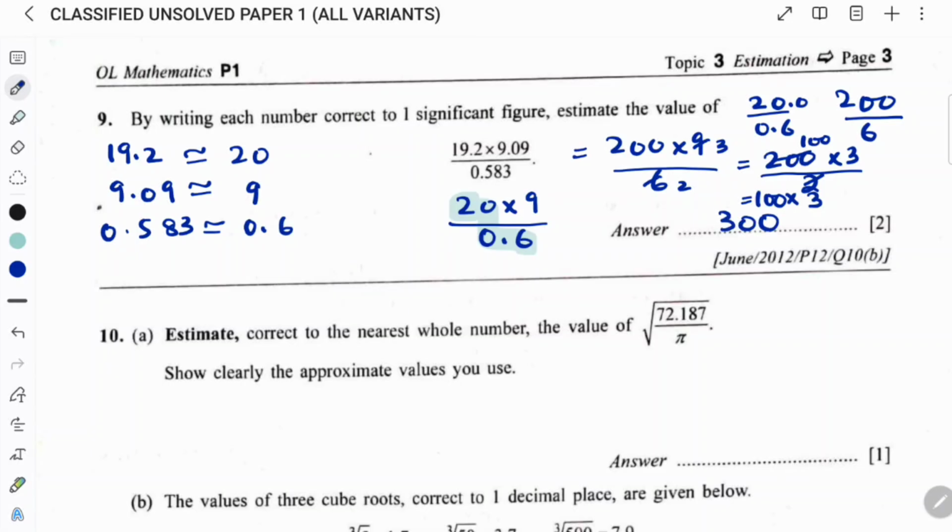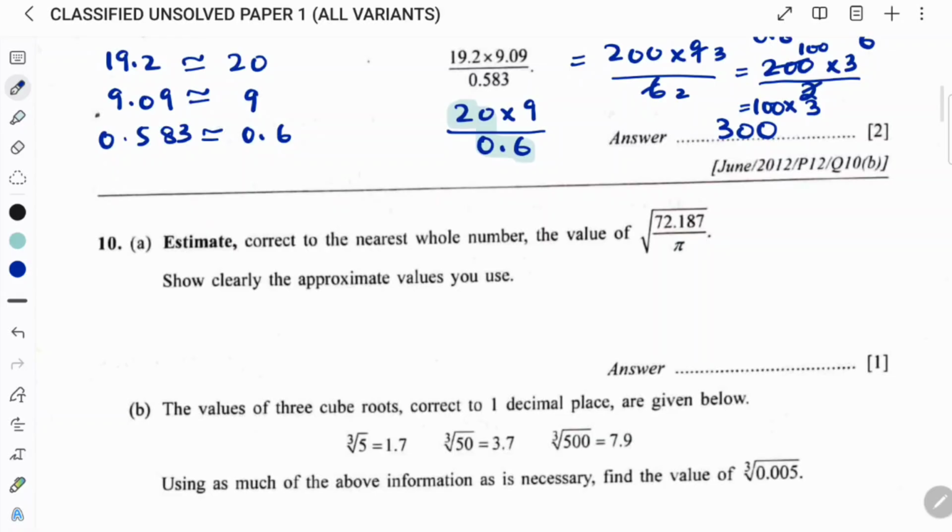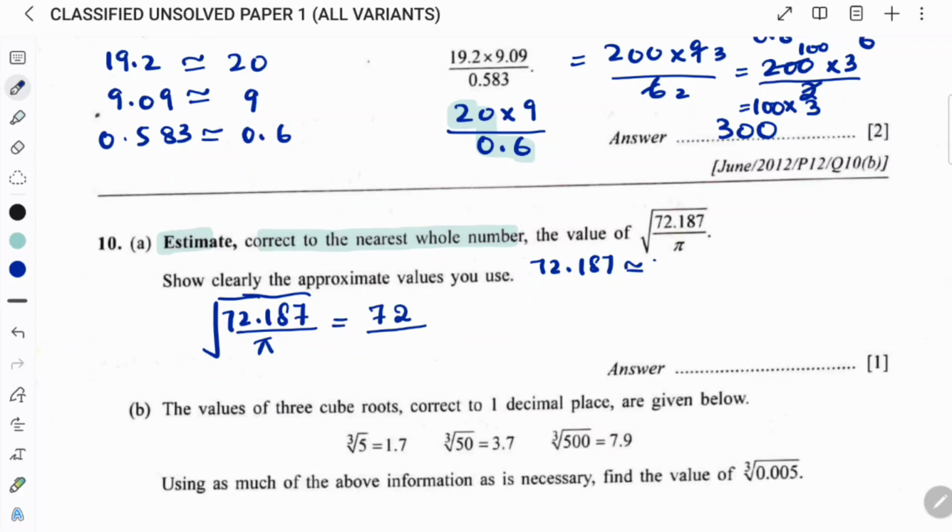Now in the next question, estimate correct to the nearest whole number. This time we have to estimate and round off to the whole number without the decimal. So 72.187 becomes only 72, divided by pi. And you know that pi is 3.142. In whole number it is only 3.